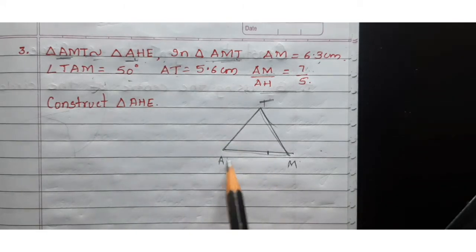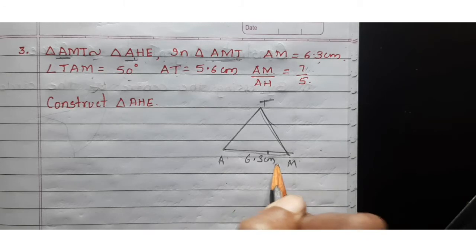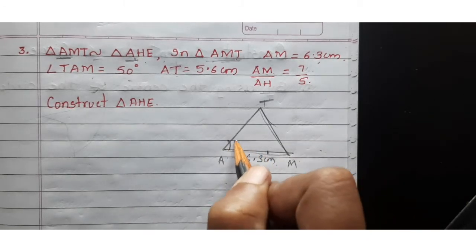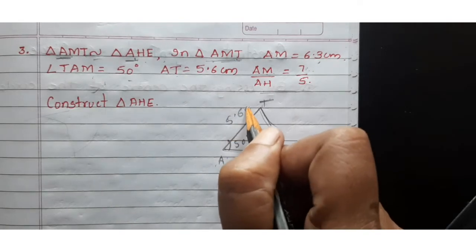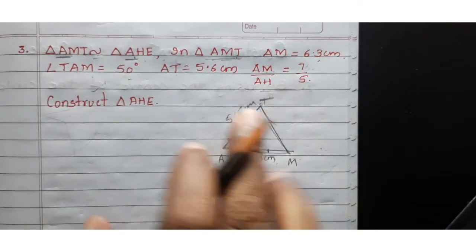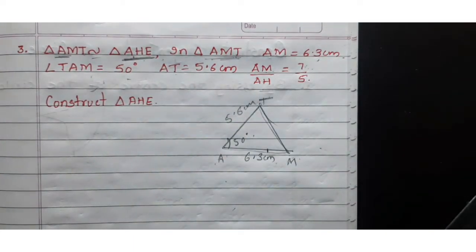So first AM is given to us as 6.3 centimeter. Draw the rough figure. Angle A is given to us as 50 degree and AT is given to us as 5.6 centimeter. On this basis, we have to draw triangle AHE. Okay, so let's begin.